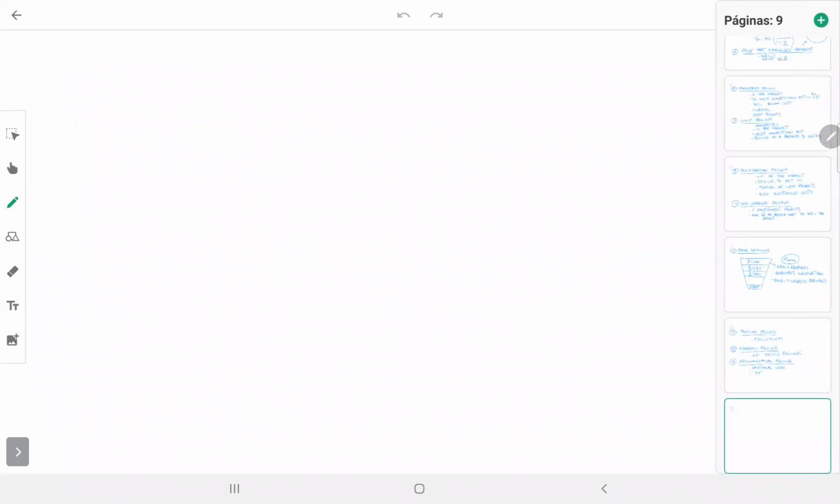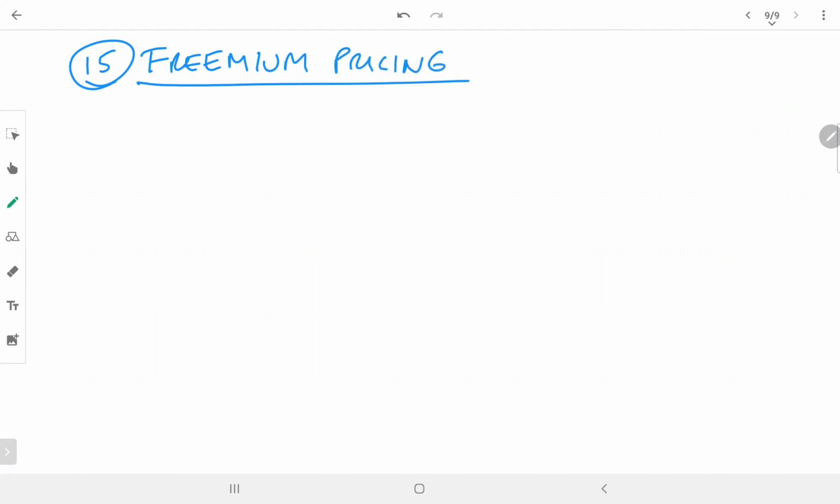So number 15, this is freemium pricing. And freemium pricing is, you guessed it, free plus premium.